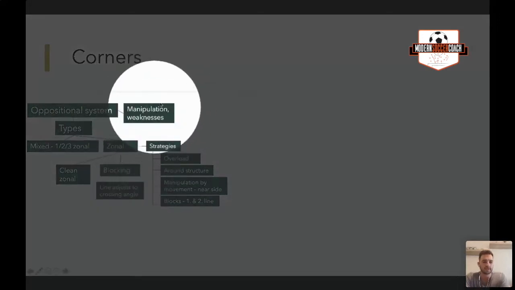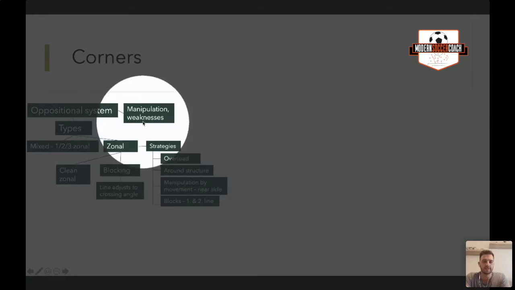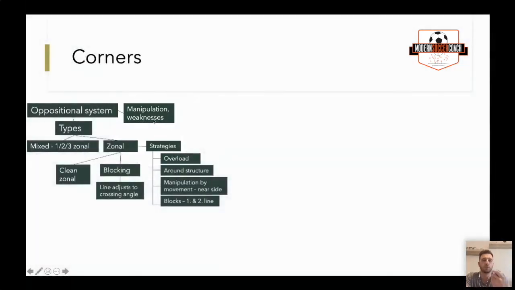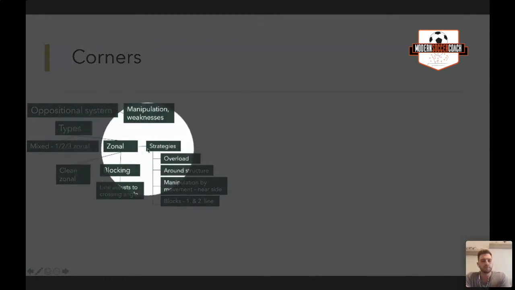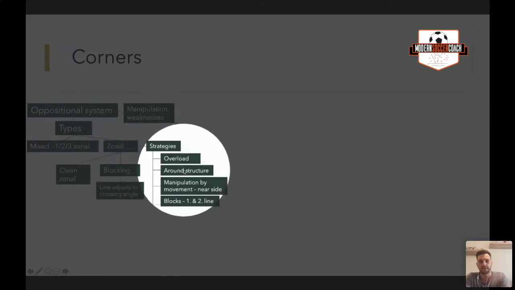From the opposition's system, I think what is really important is to understand how to manipulate the system and what the weakness of the specific system is. For the way to attack a zonal system, I differentiate between these 4 strategies.